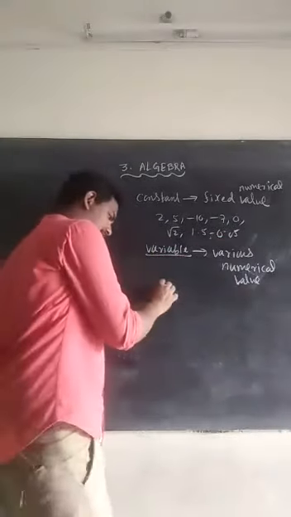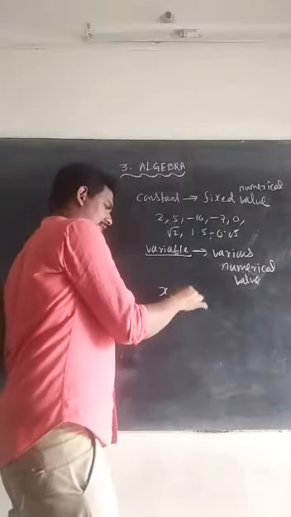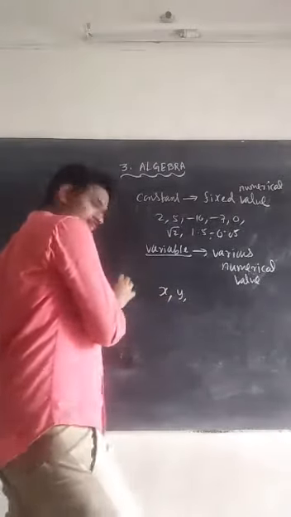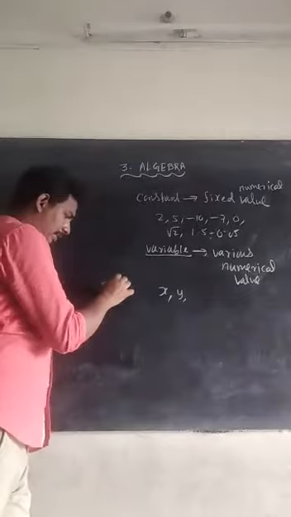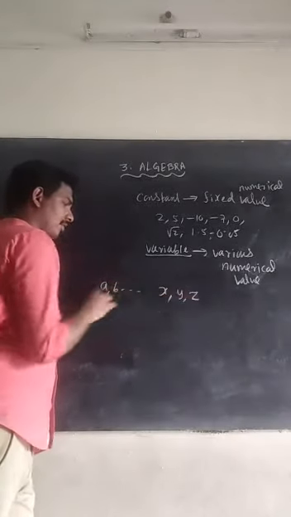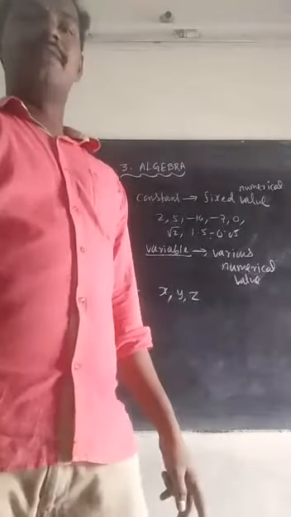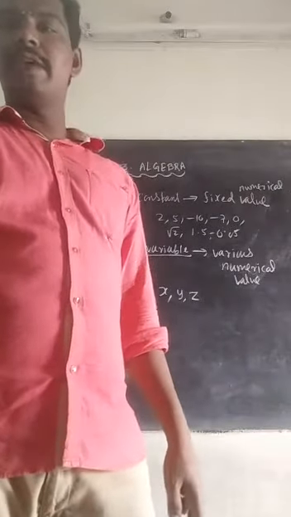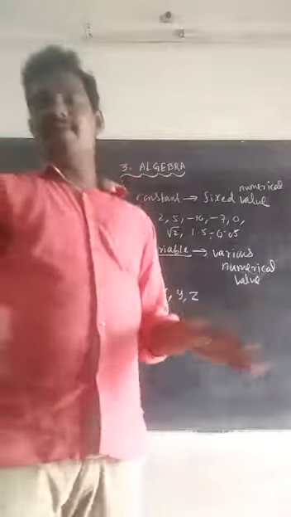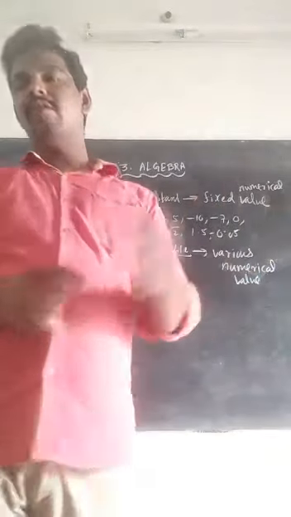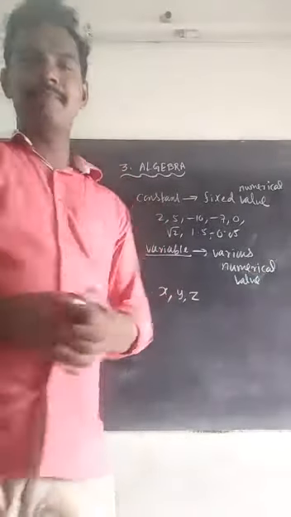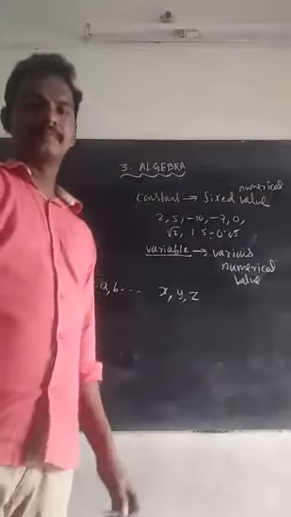For example, what can we see? X, Y, from A to Z, whatever alphabet we are getting, all of that is called a variable. Okay.